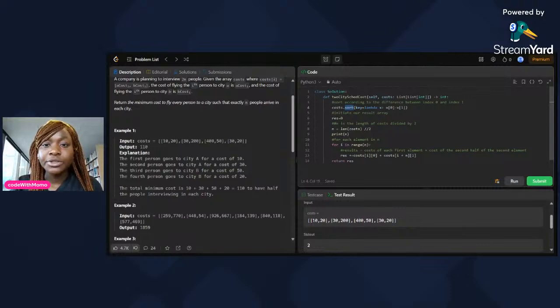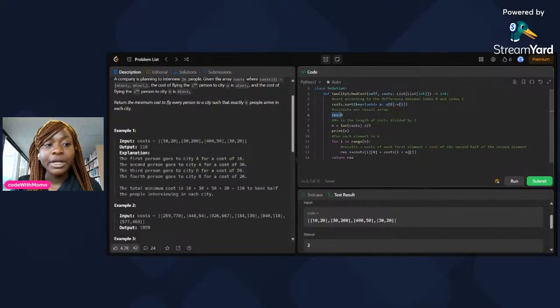I sorted it by subtracting my first element from my second element, and then I'm using this value to sort my entire cost array. After that, I'm going to be returning a value called res.